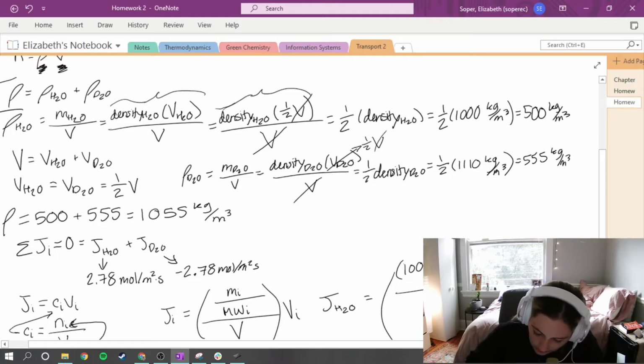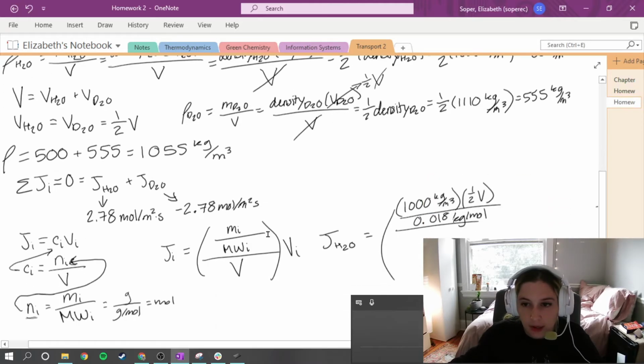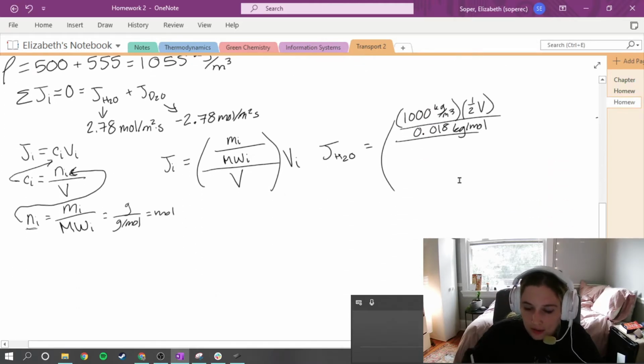So this whole thing here is equal to the mass of the H2O. And we know that the molecular weight of H2O is 0.018 kilograms per mole. I'm sorry, I'm writing over the picture, so I'll review this since my face was covering it.